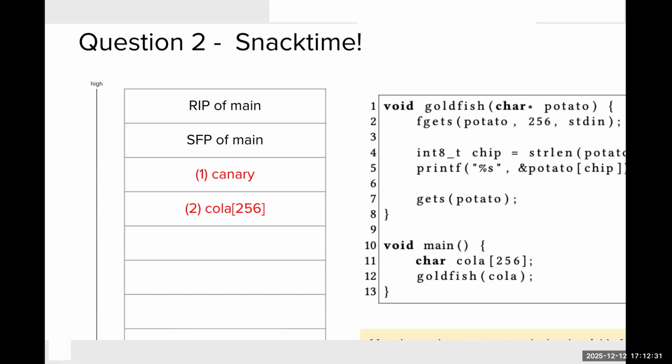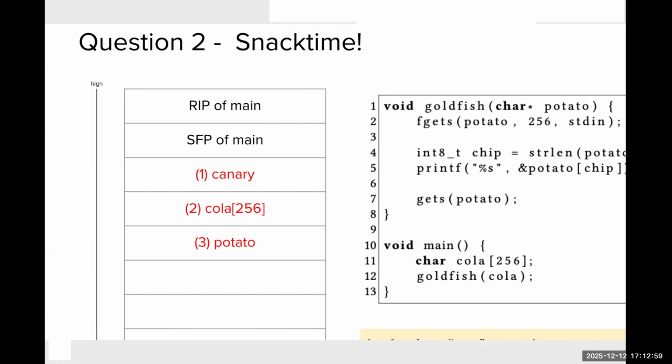And then after that, inside main, we're calling the goldfish function. When we're calling a function, the first thing that goes onto the stack is the argument of that function. Goldfish contains one argument, and that argument is called potato. They called it potato instead of cola here.